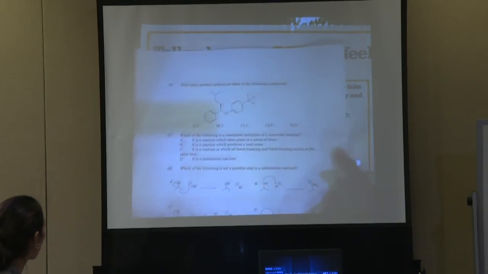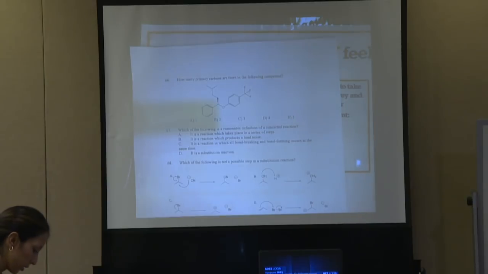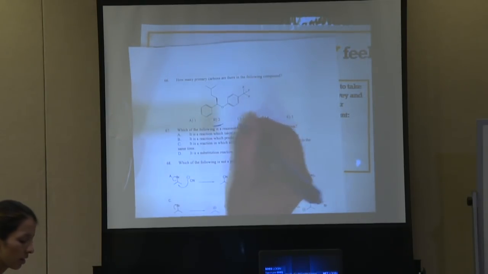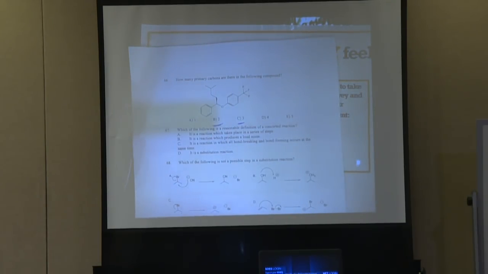So now 66. How many primary carbons are in the following compound? Two or three. Okay. How did you guys figure out how many there were? A carbon that's only attached to one.